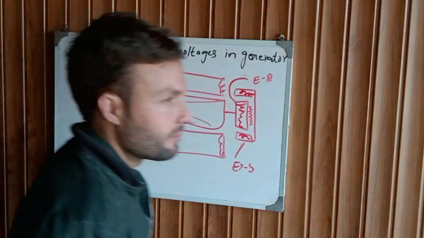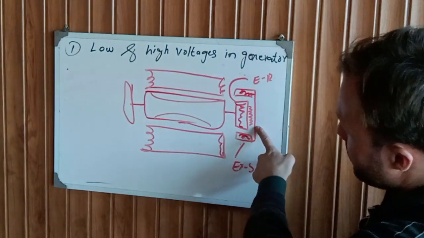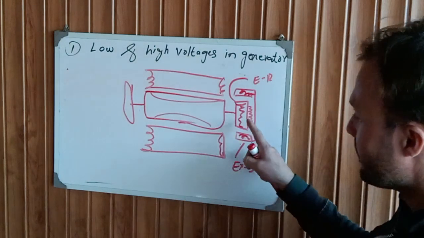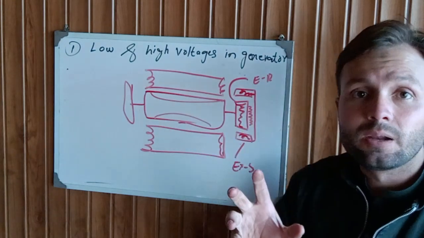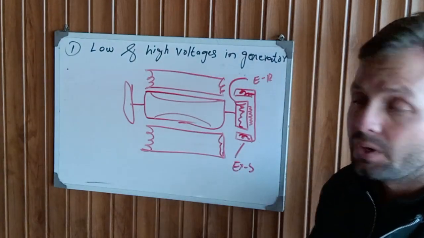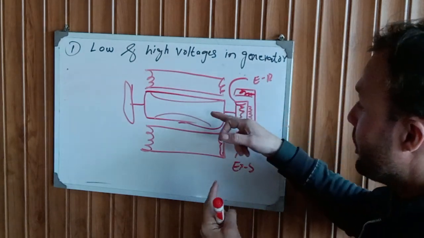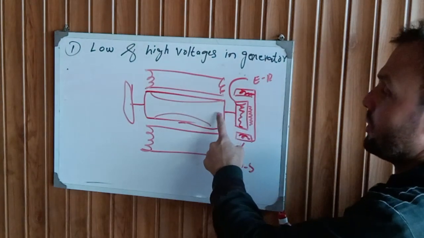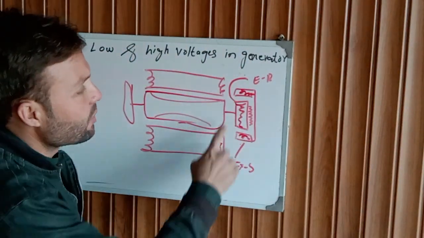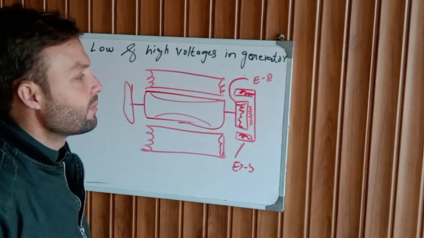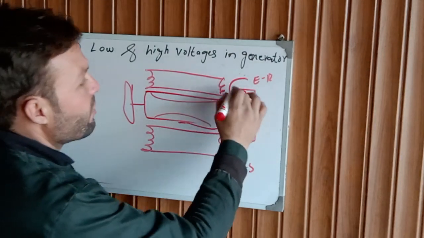First of all, when we crank the engine, the exciter stator has residual magnetism inside the coil. When the main rotor is rotated, this also rotates with the main rotor. When this rotates inside the exciter stator, the exciter rotor generates electricity.